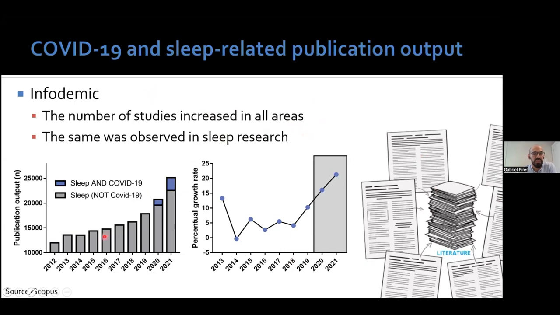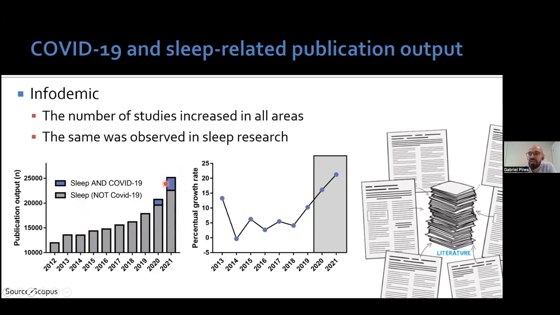So you can see that this is the publication output in our field in sleep, with a very simple sleep search in Scopus. And you can see that it was more or less stable, and in the last years, it increased more. But in 2021, almost 20% of the whole publication output was related to COVID-19.